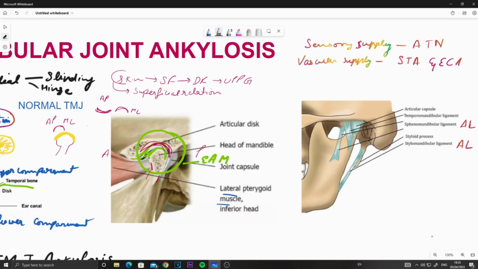The muscles of mastication produce the movements of the mandible, which are closing, opening, protrusive, retrusive, and side to side movement.